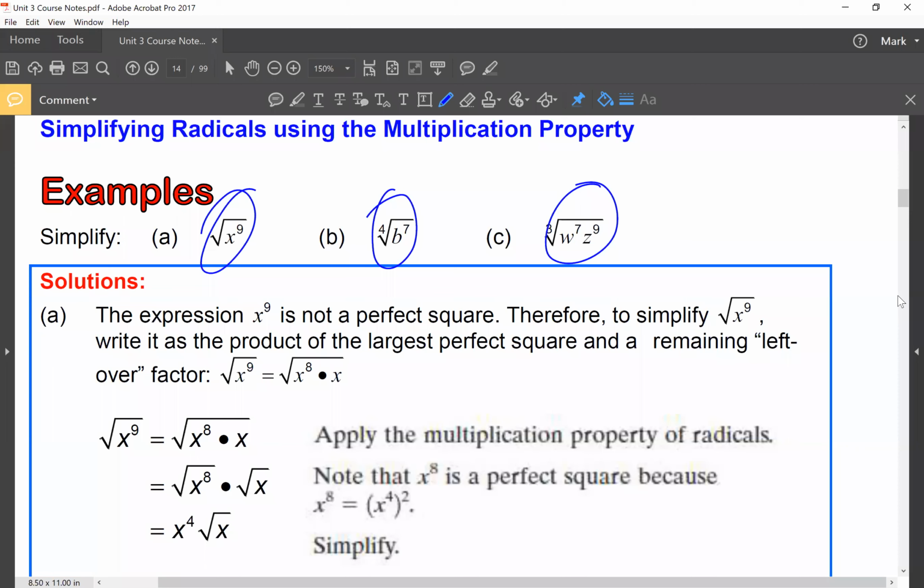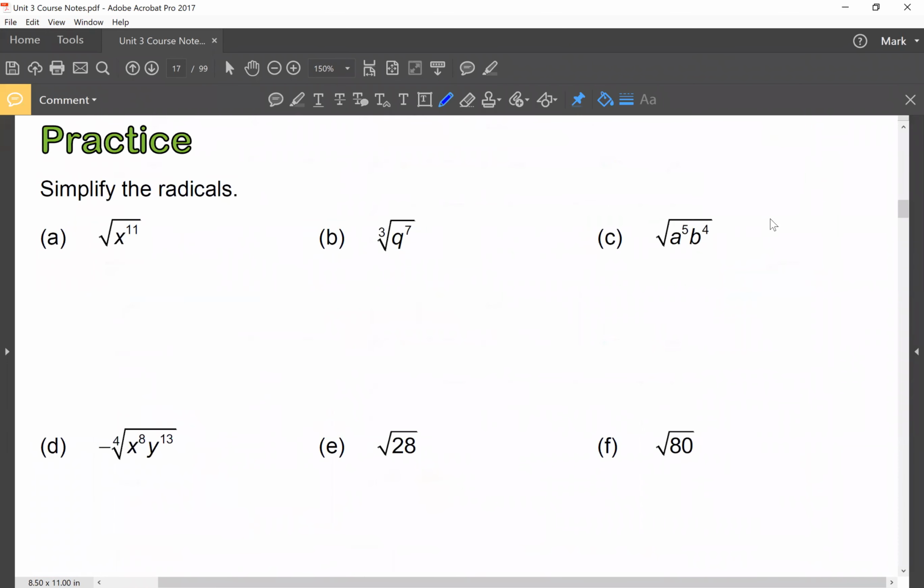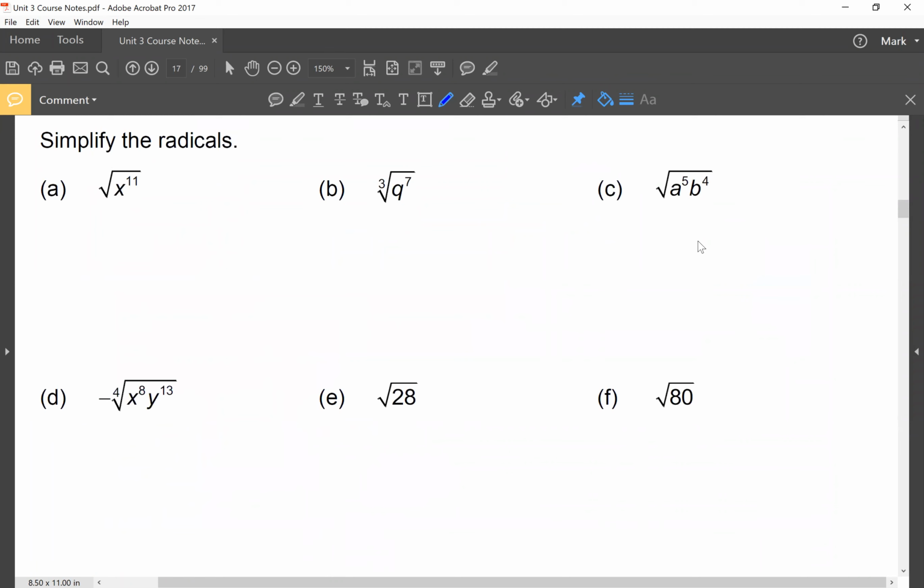Because there were some examples like 1 over the square root cubed of 8, but there's no question like that, it's just an example. Maybe later on, something like 28 or 80, you can put these into the calculator, but something like A, B, C, and D, you cannot put into the calculator. Okay, gotcha. Thank you. No problem.